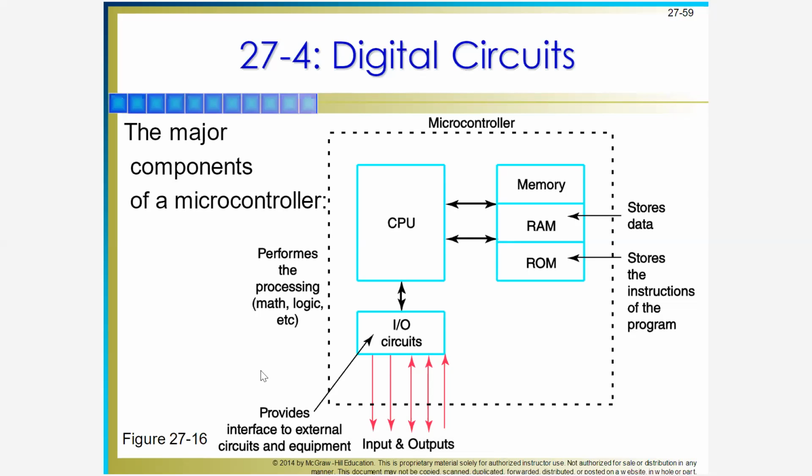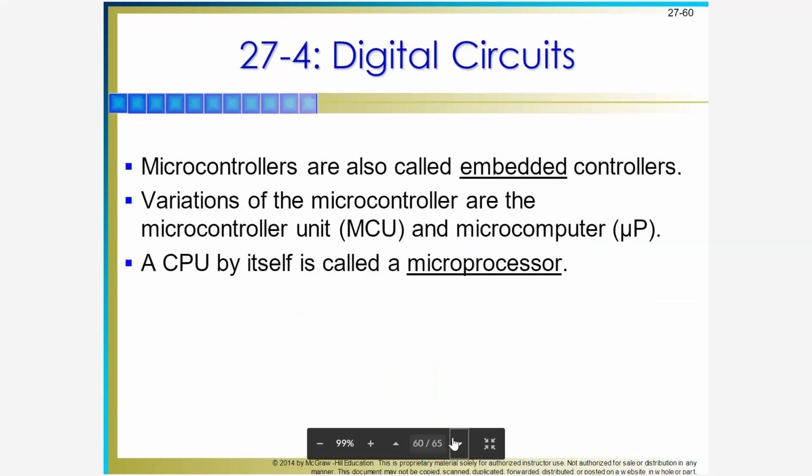It is also programmable because the program can be stored in the memory, RAM or ROM, and used by the computer function in the CPU. Then processing can be math and logic. Next, microcontrollers are called embedded controllers.